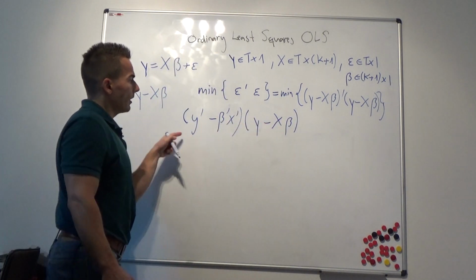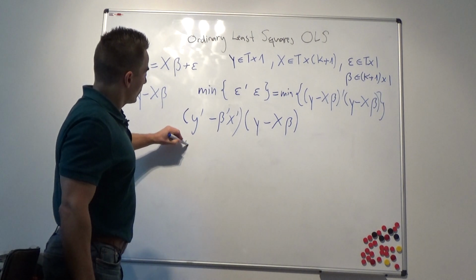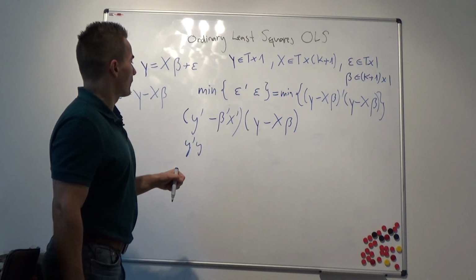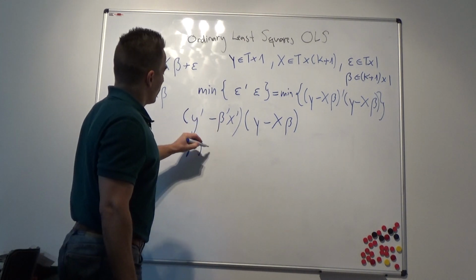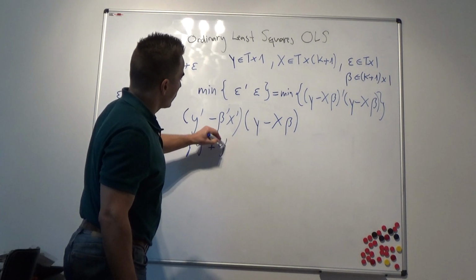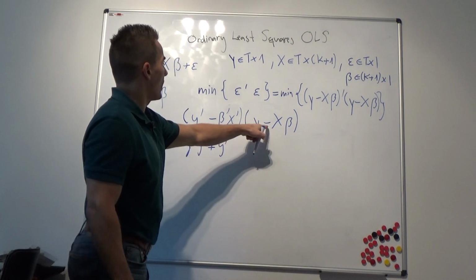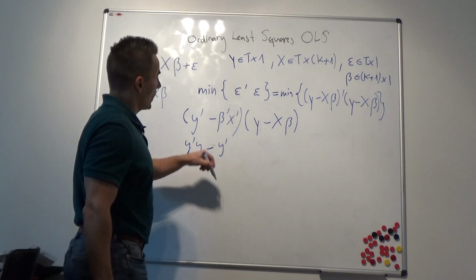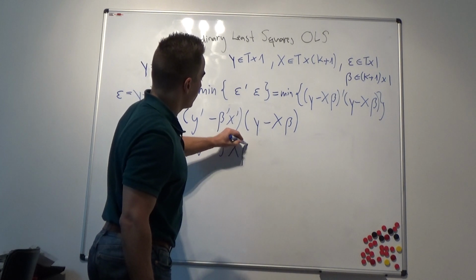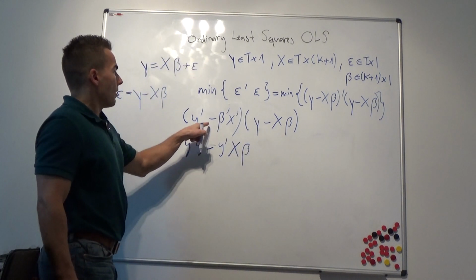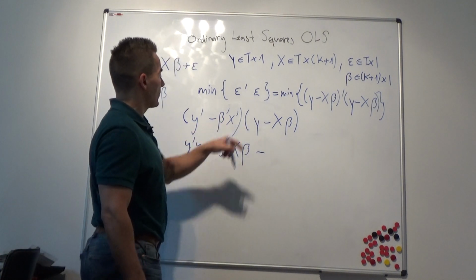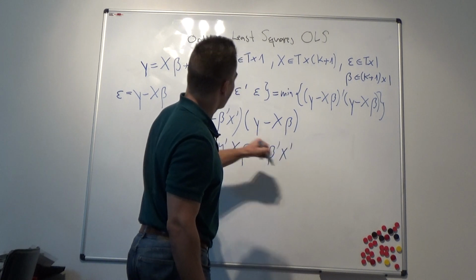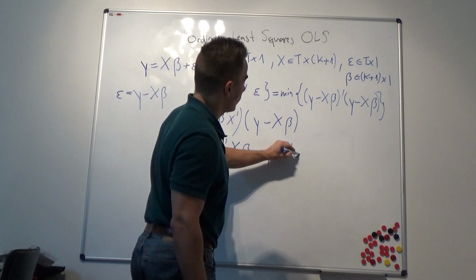Next we have to multiply it out. So what comes then is y transposed times y, plus y transposed times minus X times beta, so this becomes minus y transposed X times beta, minus this term here times y, minus beta transposed X transposed times y.